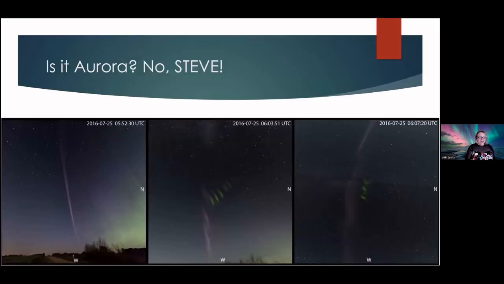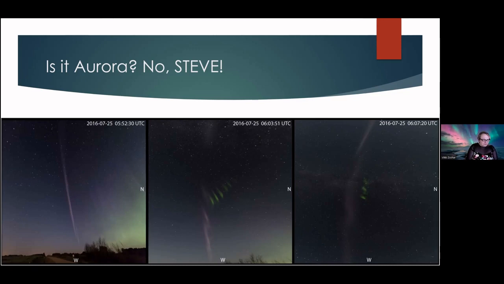Okay, got it. So the title is, is it aurora? No, Steve, it's not. So does anybody know what Steve is? Basically, Steve was discovered by Albertan amateur astronomers, basically citizen scientists, by being diligent and observant about what happens in nature.